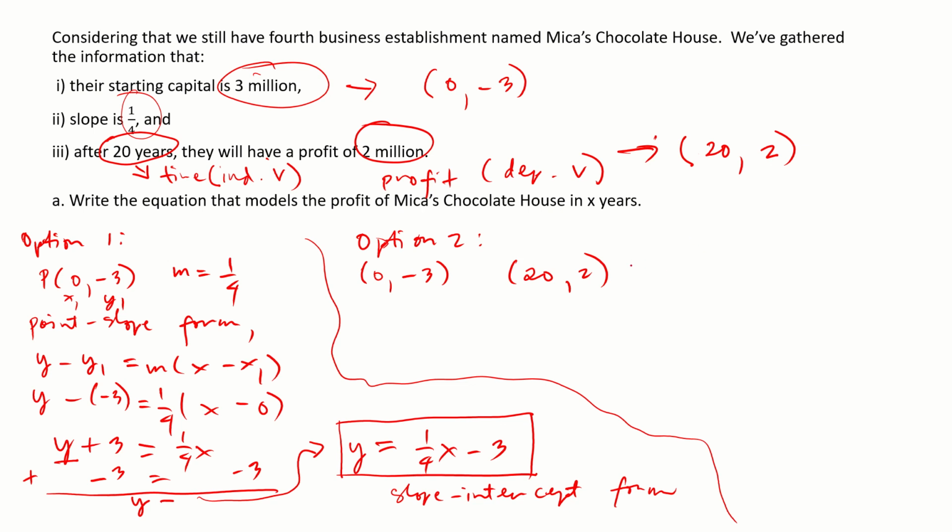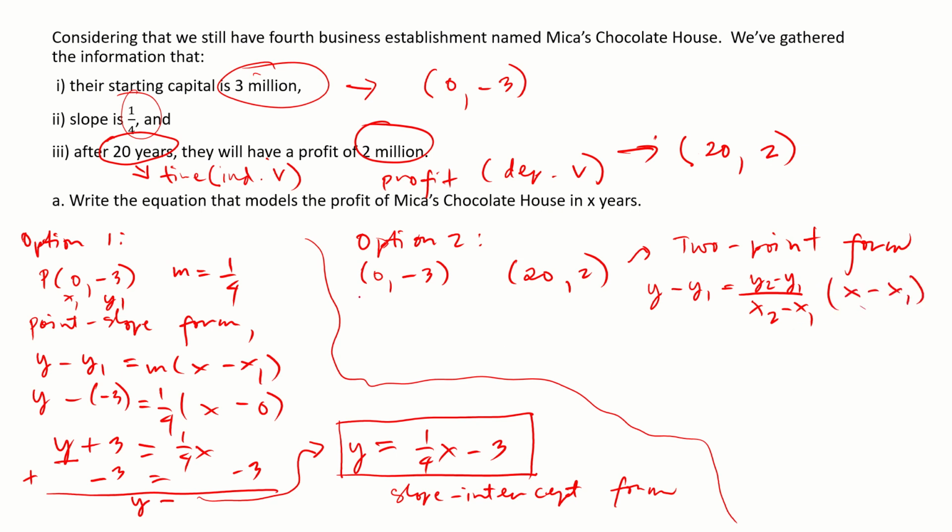So in our case here, since there are 2 points, we will be using the 2-point form. That 2-point form is y minus y sub 1 is equal to y sub 2 minus y sub 1 all over x sub 2 minus x sub 1 times the quantity of x minus x sub 1. Perhaps we can represent this as x sub 1, y sub 1, x sub 2, y sub 2.